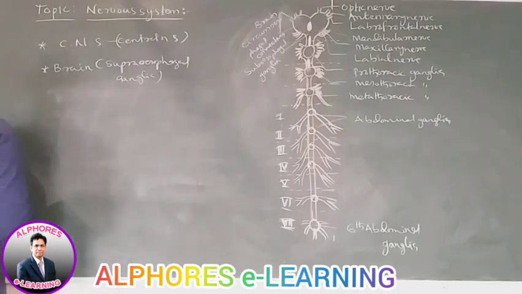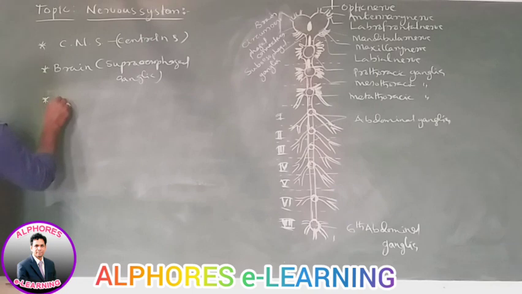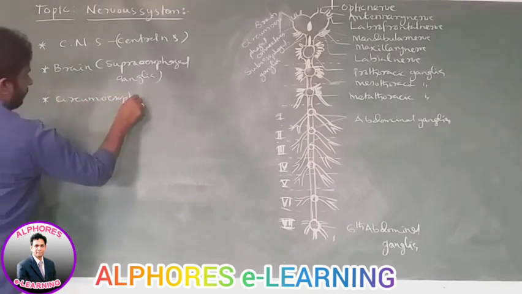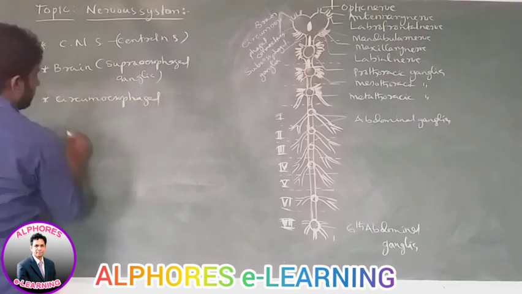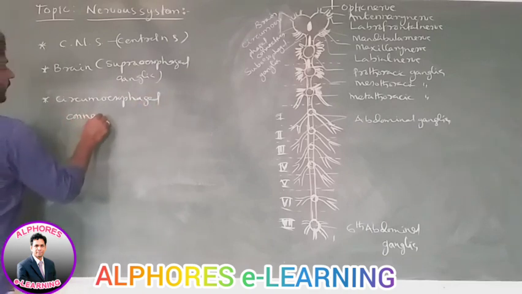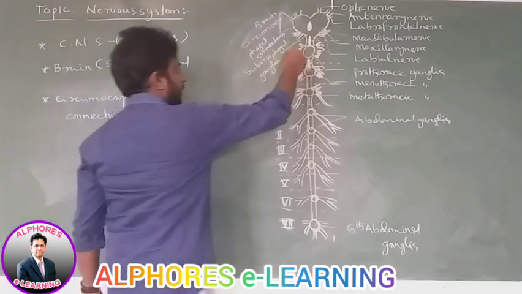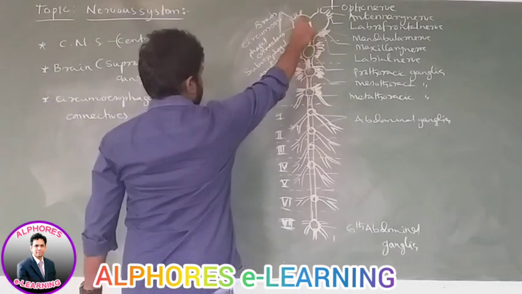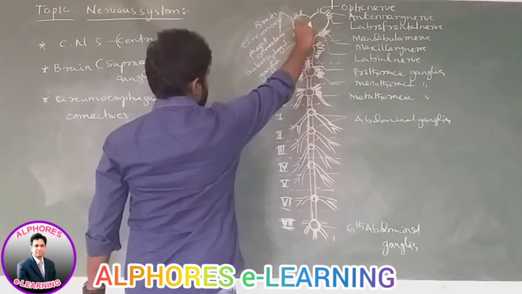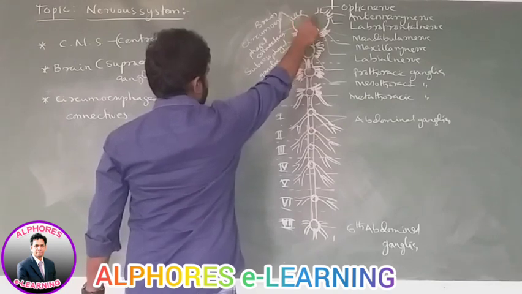In the CNS, the next part is the circumesophageal connectives. Here this is the brain, which has three regions: forebrain, midbrain, hindbrain.